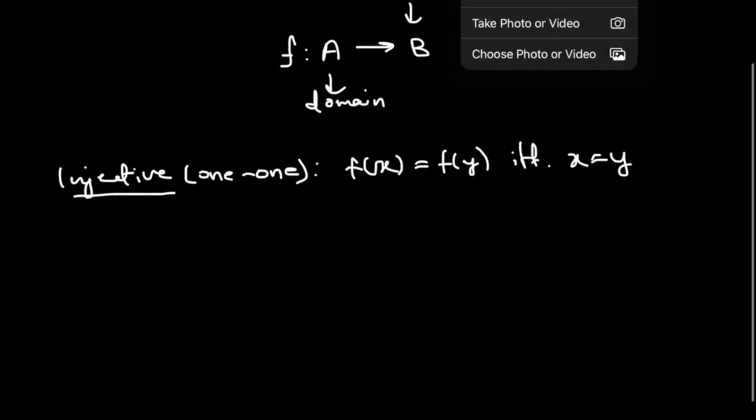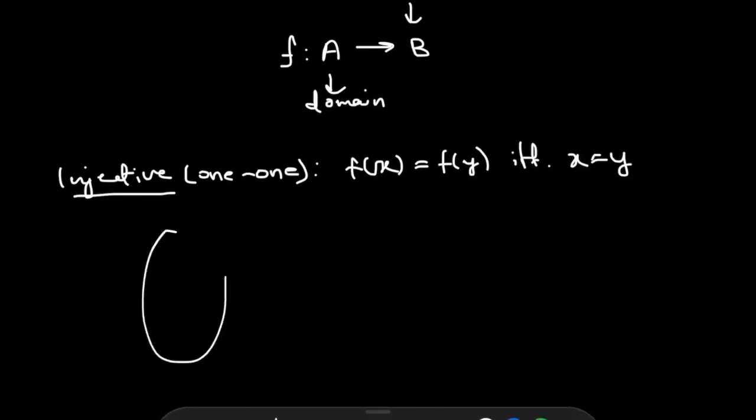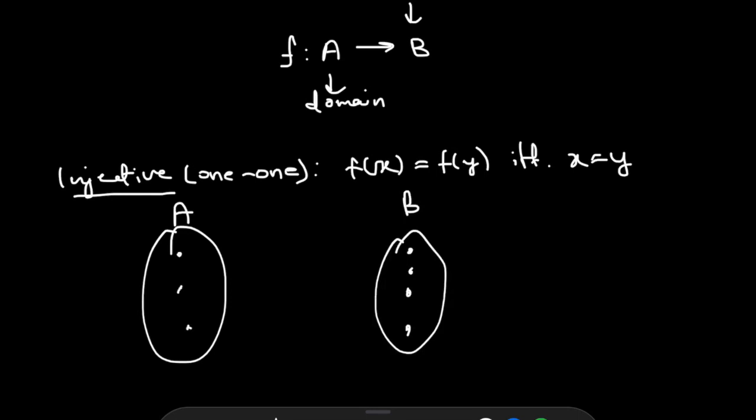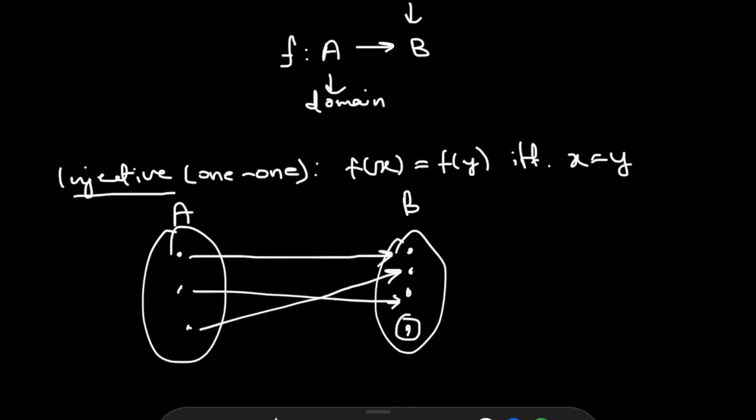So what that means is if we have two sets, let's say set A and set B, with the following elements, if a function is injective, that means each element of B can only be mapped by at most one element of A. But this doesn't necessarily mean that all elements of B are mapped, because as you can see, some elements of B can be left out.